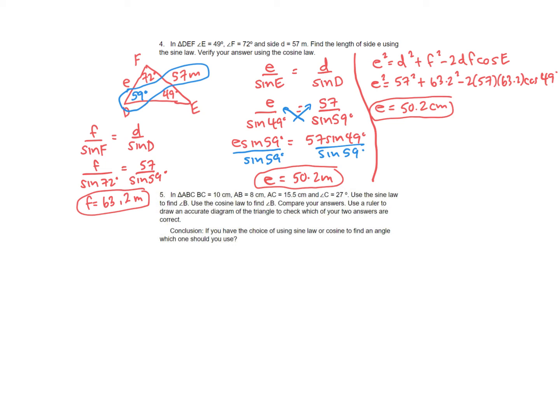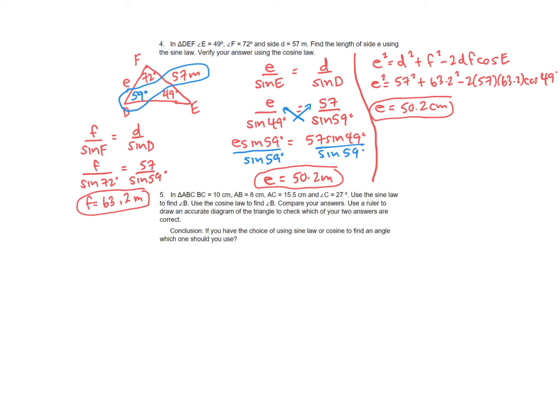So generally, we try to use sine law first. We don't have to. You do have options, and we're going to do an example where we will see that sometimes it's better to use cosine law than sine law when we have the option of using both. Okay, so in question 3 we used cosine law.